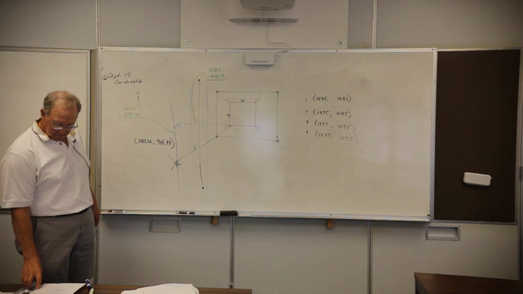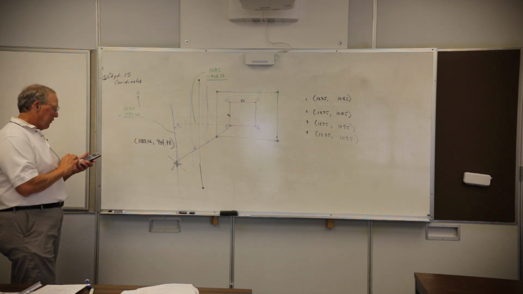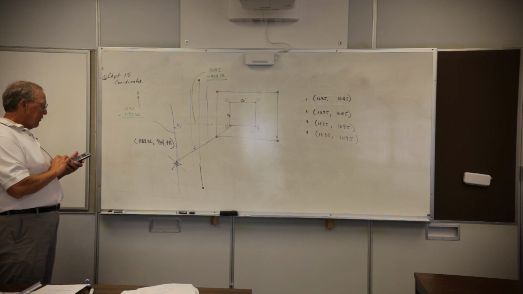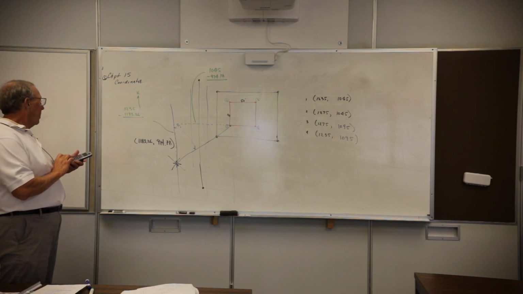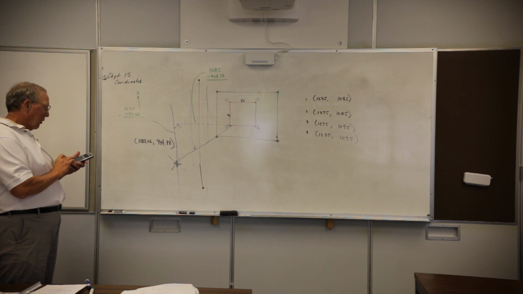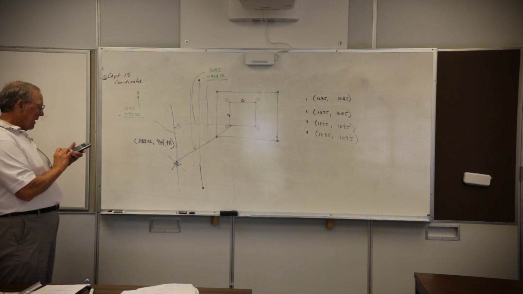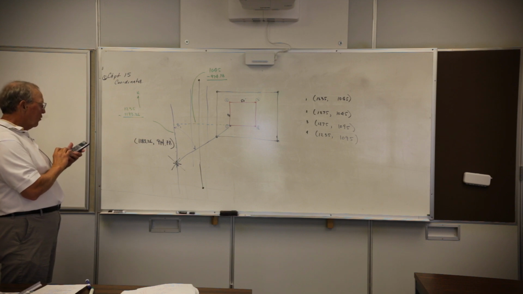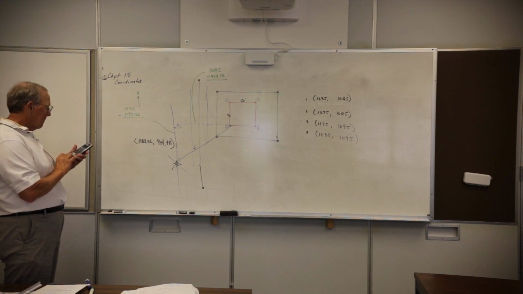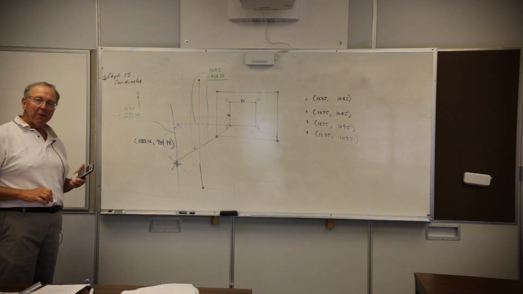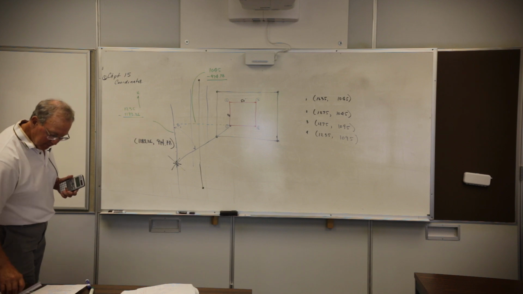So let's go about it. I'm going to take 1235 minus 1183.26. Oh, I got to clear it. Excuse me. 1235 minus 1183.26 is 51.74.